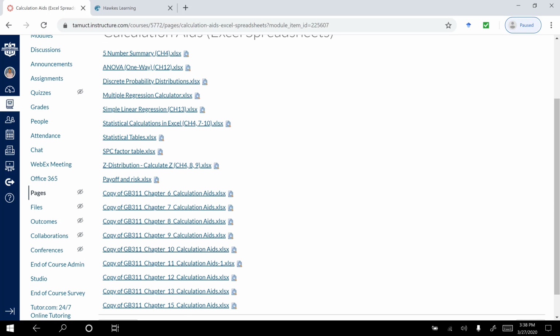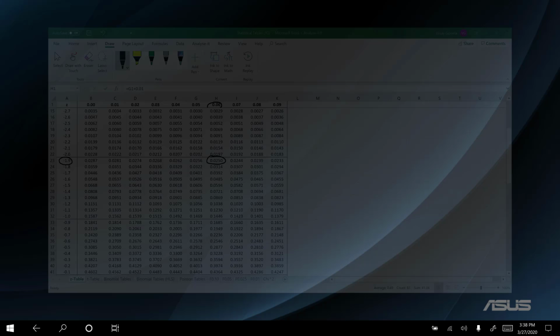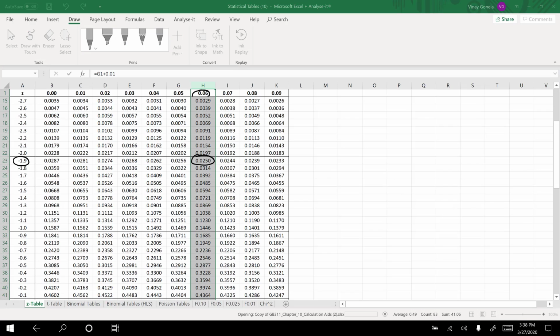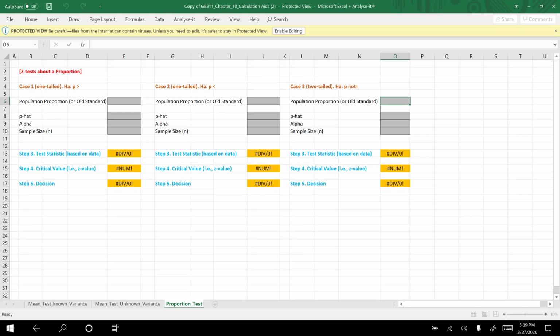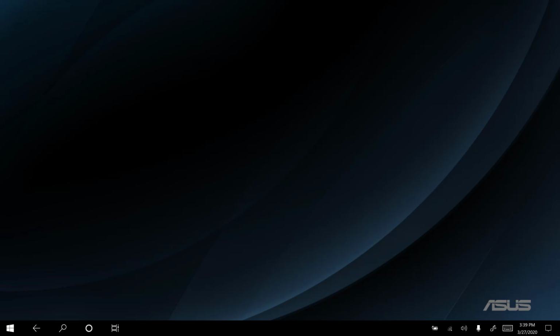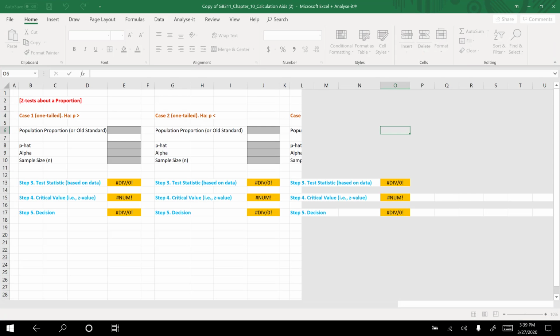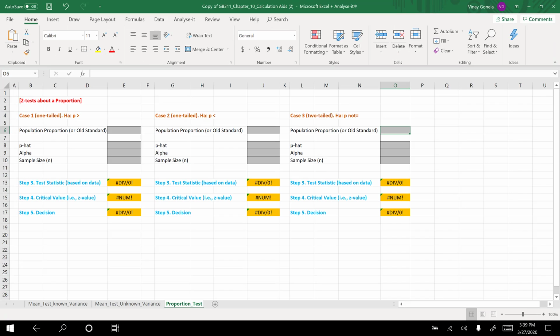So go to the chapter 10 calculation aid and download it. Do enable editing. Currently we are in the proportion test spreadsheet, so we want to go to mean test known variance.